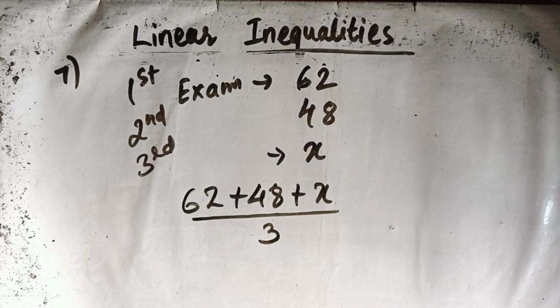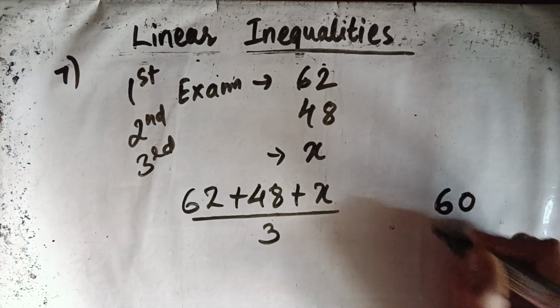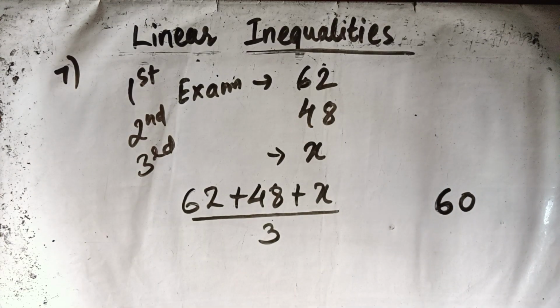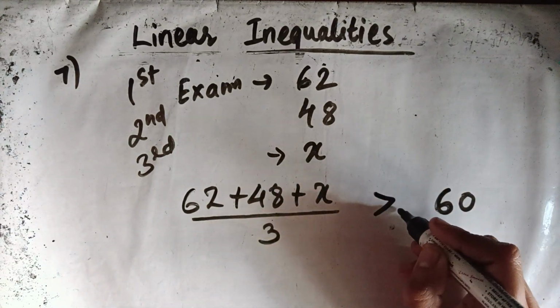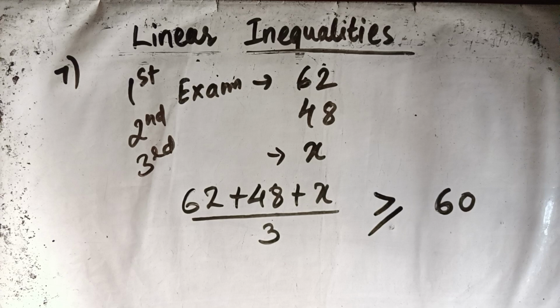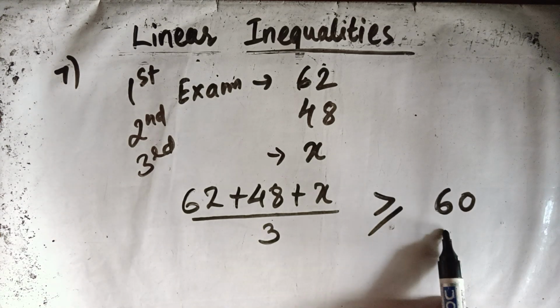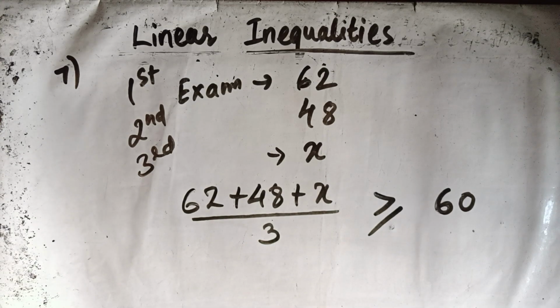Now they have asked to find the minimum marks he should get in the annual examination to have an average. Average is 60. So minimum means here it will be greater than or equal to. It should be equal to 60 or greater than 60.